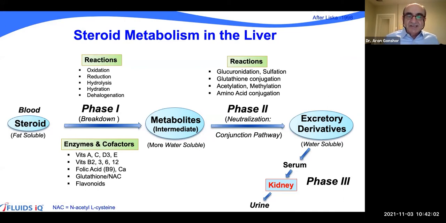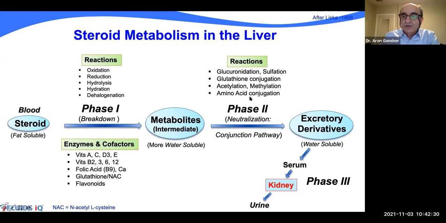And in order to look at what happens in urine, you need to remember that steroids are metabolized in the liver, like almost everything else. And so you need to think of steroids that are in blood, that go through the liver and go through the classic two phases of liver function, which is phase one, breaking it down with any number of reactions from oxidation, reduction, hydrolysis, etc. And that creates an intermediate metabolite.